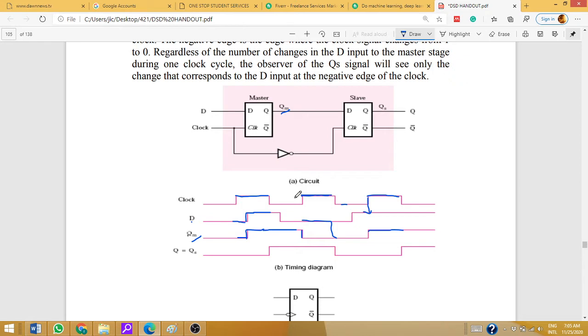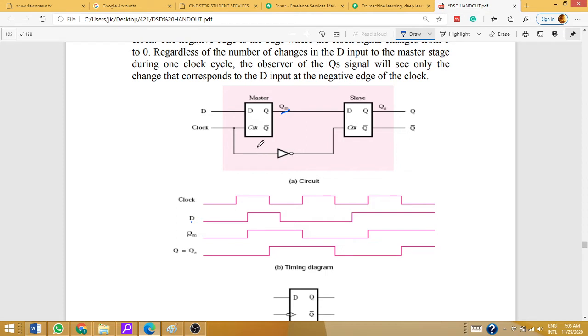Now see the second thing. Now we are going to discuss the slave. Let me erase here. Okay, for the slave, as we discussed, the clock is coming after an inverter.